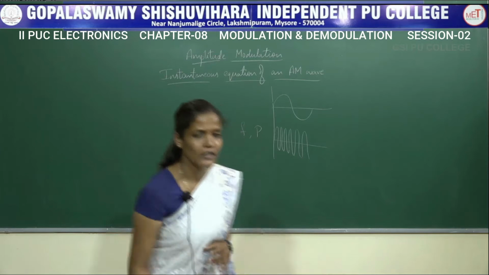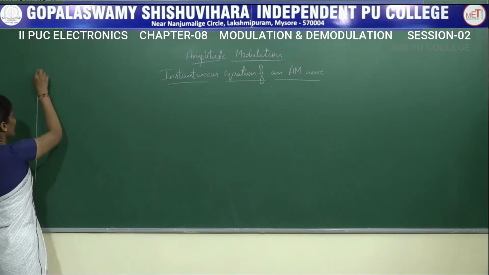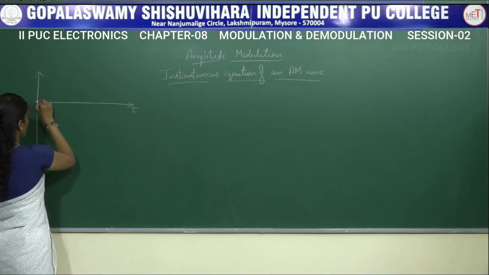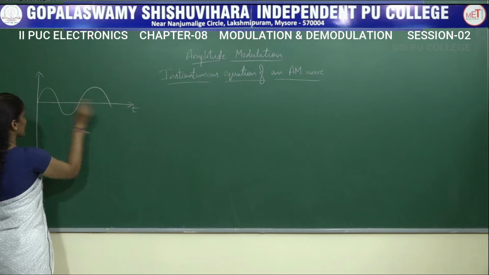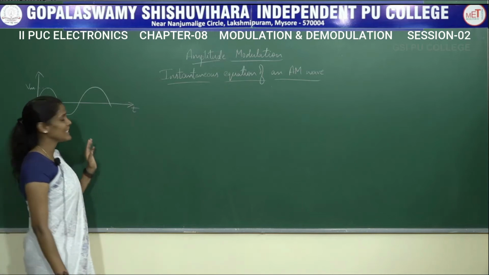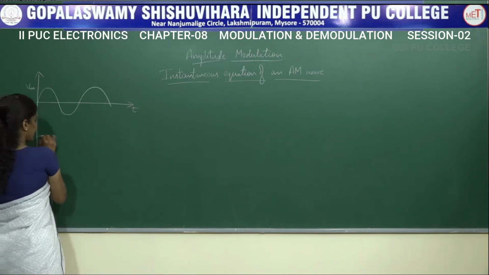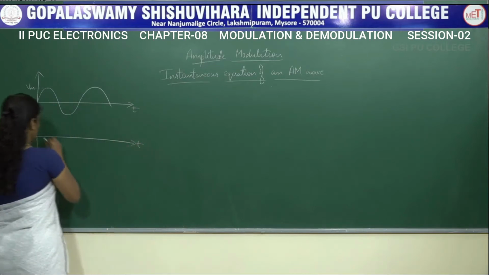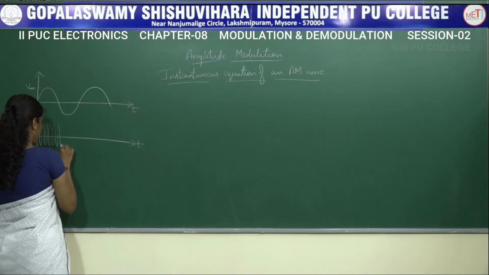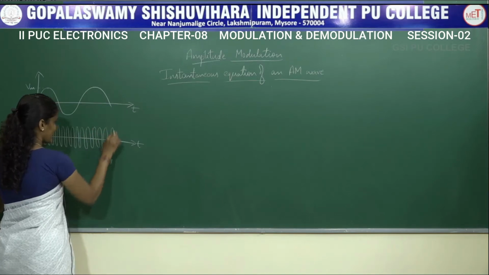So let us draw a clean diagram. Let us consider that I have a modulating signal whose amplitude is Vm. Let us denote the amplitude of that modulating signal with Vm. And I have a carrier signal whose amplitude is Vc and frequency is very large.